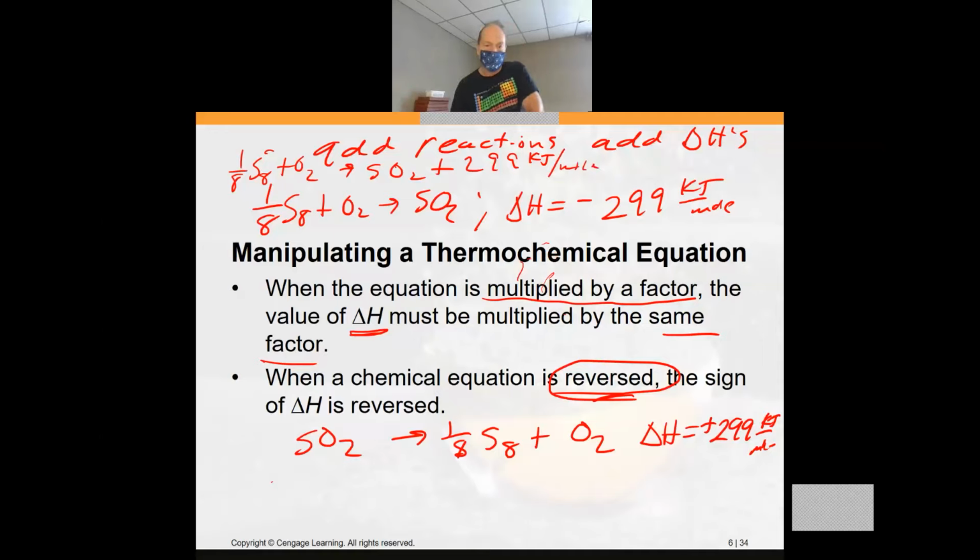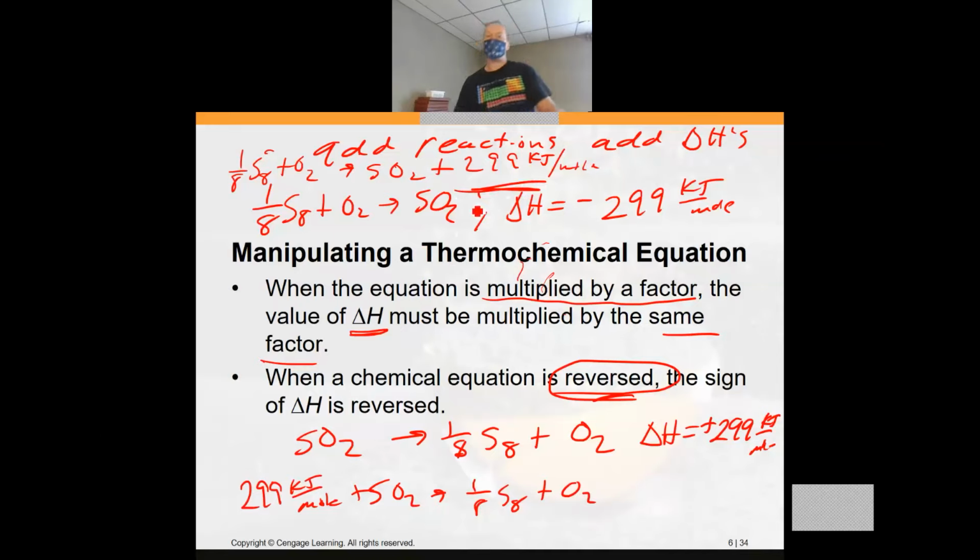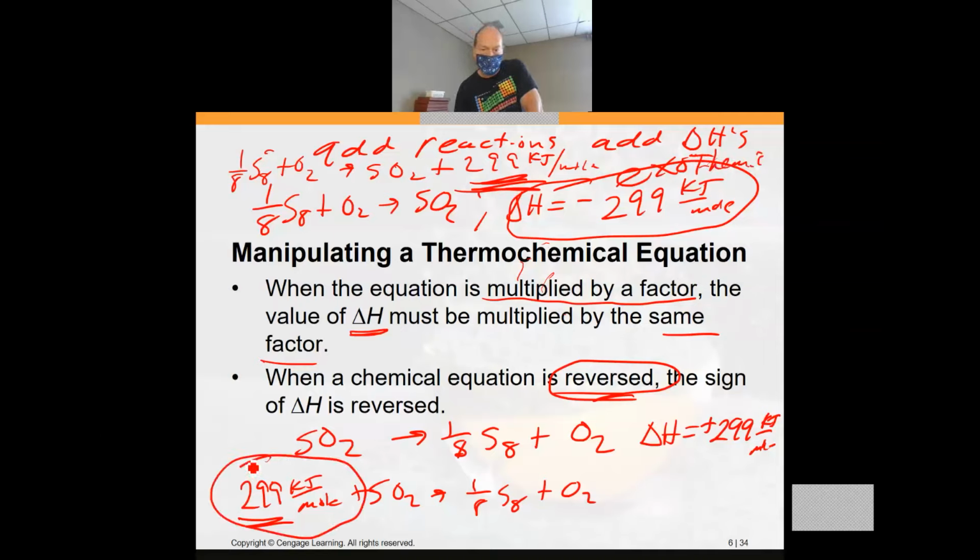Down here, I would write 299 kilojoules per mole plus SO2 yields 1/8 S8 plus O2. When you reverse the reaction, the heat is a reactant. When your heat is a product, it is given off and it is exothermic. When your heat is a reactant, it is absorbed and it is endothermic.